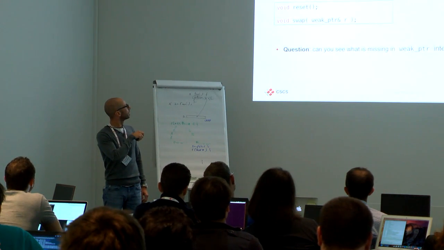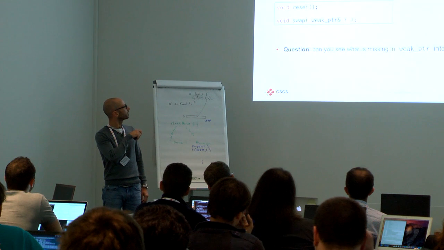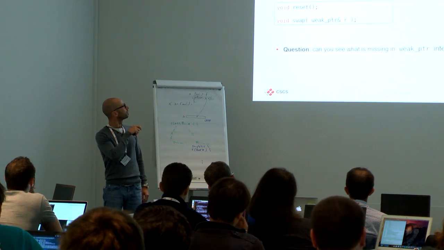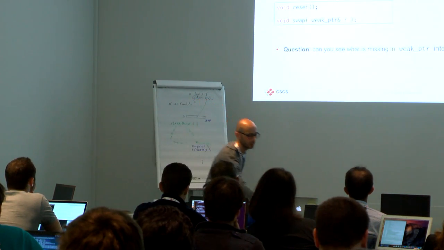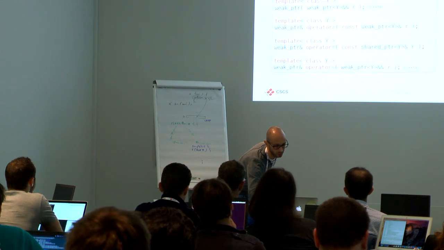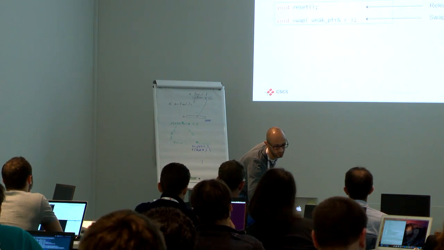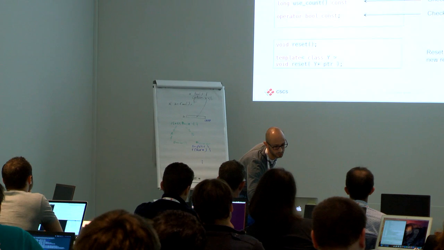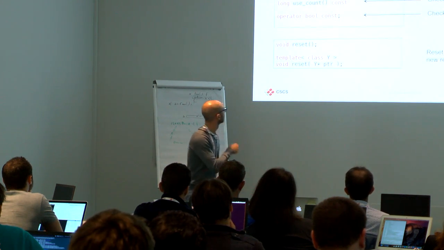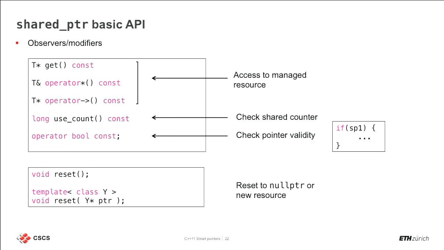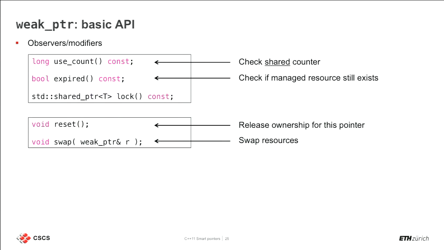Yes, but there is something more important. So you just look at the observers and modifiers, and let's go back for a while. Basically, what we are missing are the accessors to the underlying resource. If you have a weak pointer, you cannot directly use it to access the pointed resource.